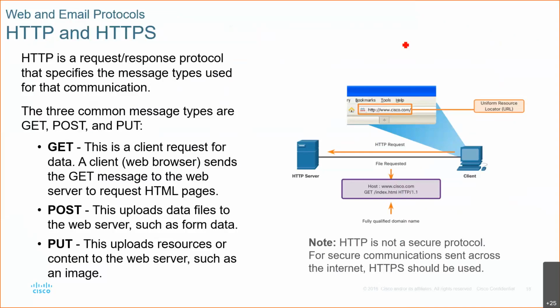Post is when you fill up an online form and you click a button, then that form's data will be sent to a relevant location, that is a web server location. Put is also something like that, but it is used for taking certain files like images and sending them to a relevant location.